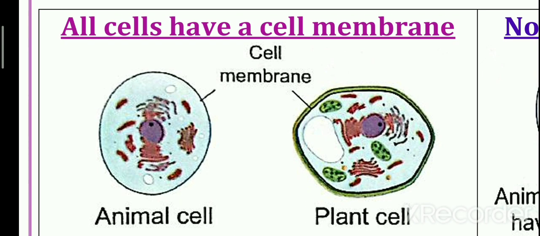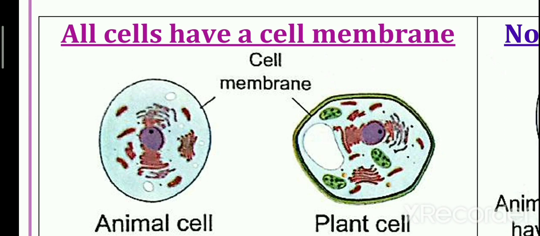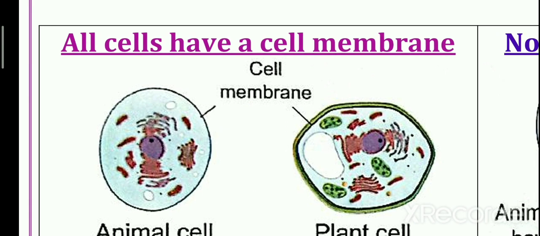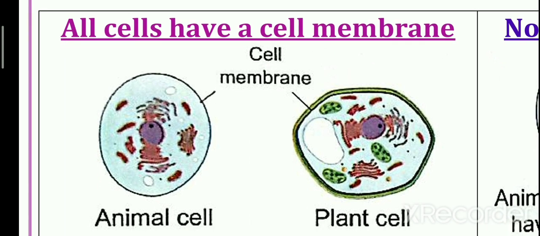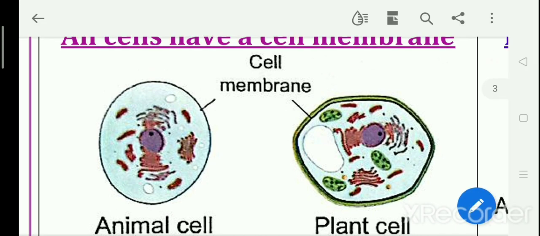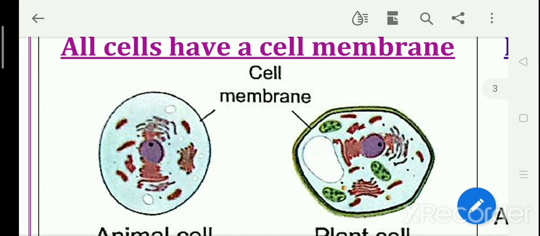If any substance wants to enter the cell, the cell membrane determines whether the cell needs this substance or not. If the cell needs this substance, the cell membrane allows the substance to enter. If the cell doesn't need this substance, it doesn't allow it to enter. Okay, do you understand?